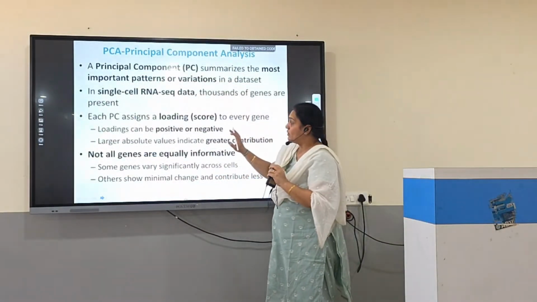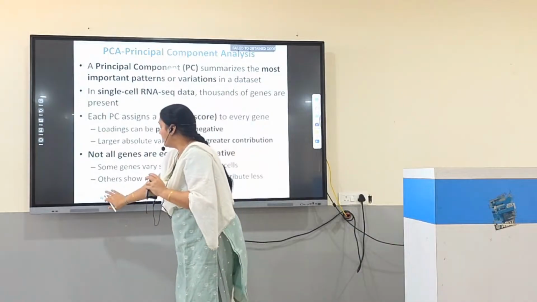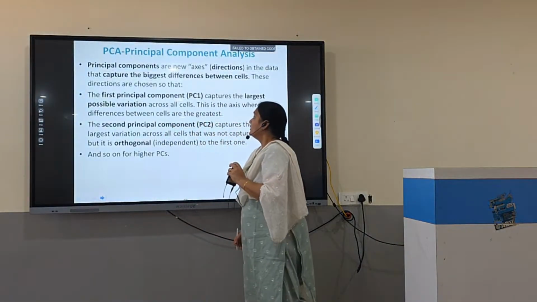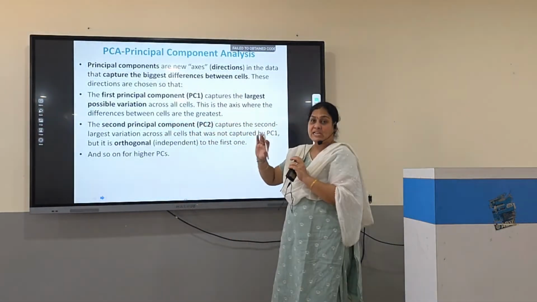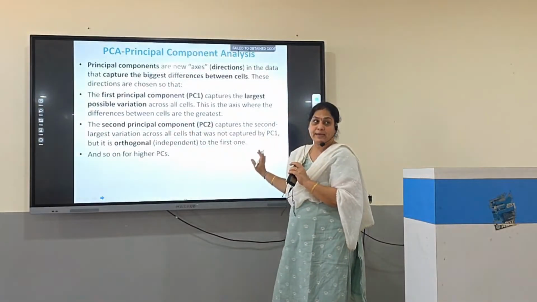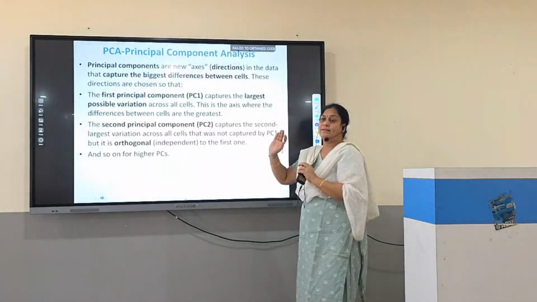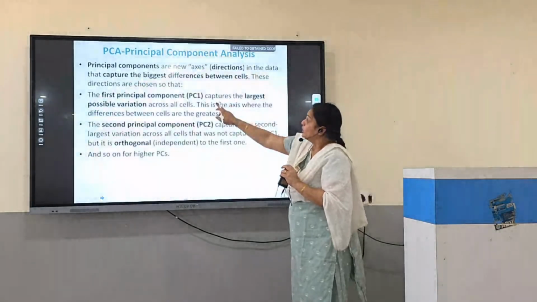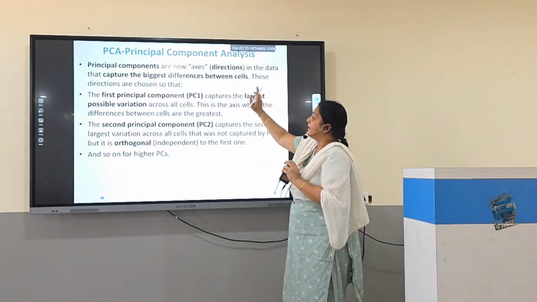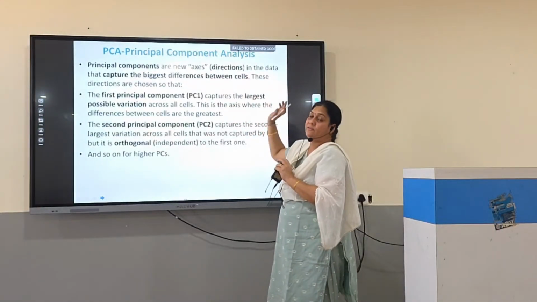So this is about how it does. You are transforming. I have given you the example. What are we trying to do? We are transforming the axis from one axis to the other axis. So the new axes are directions in the data that capture the biggest differences between the cells.